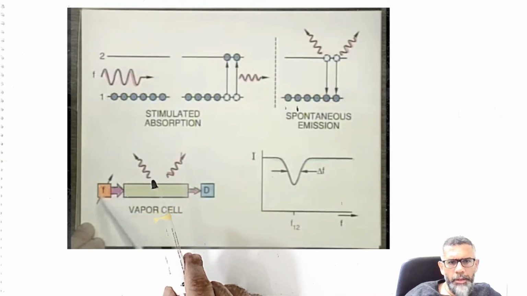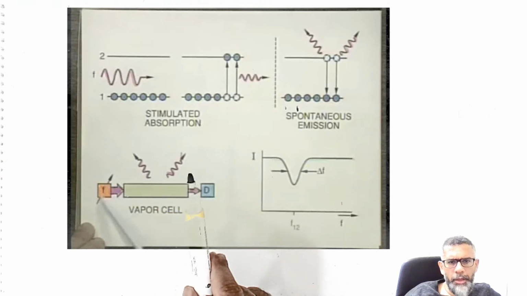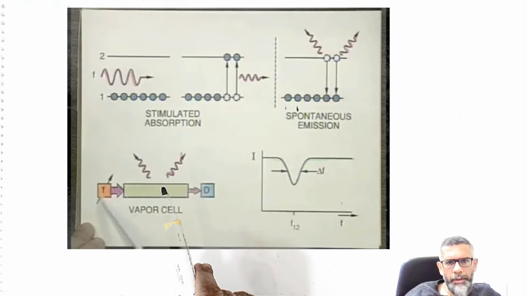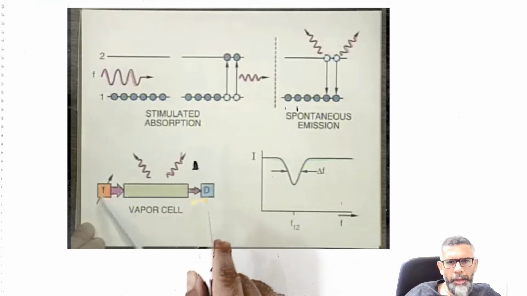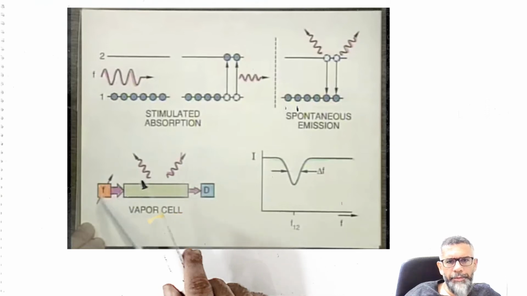As you span these different frequencies, you observe that at a certain frequency some photons come out. That means spontaneous emission is taking place: photons at the matching frequency of the atoms inside are absorbed, and the atoms fall back onto the ground state again by emitting spontaneous photons.